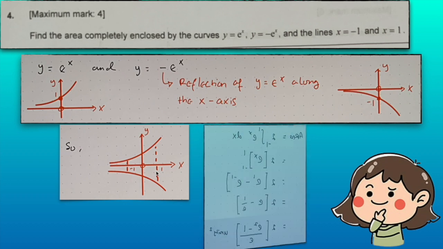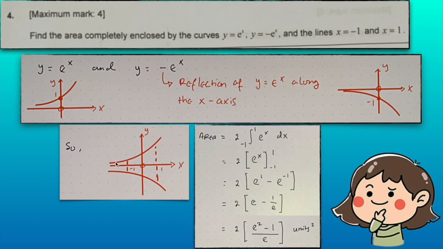What we can do is calculate the area bounded by this curve and the x-axis from -1 to 1, and we multiply by 2 because there are two sections.